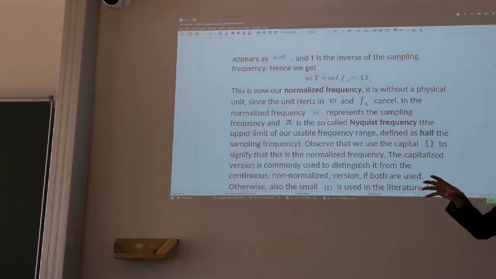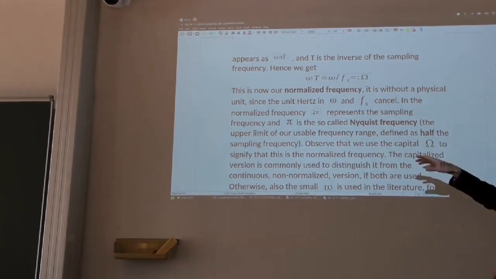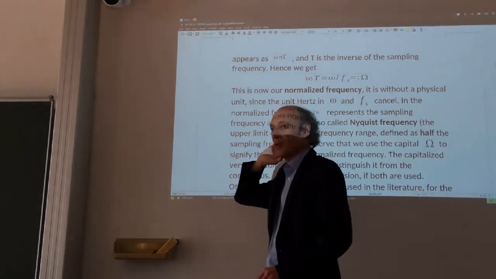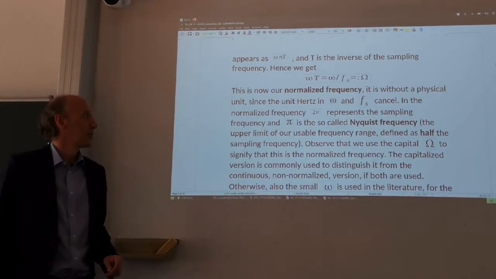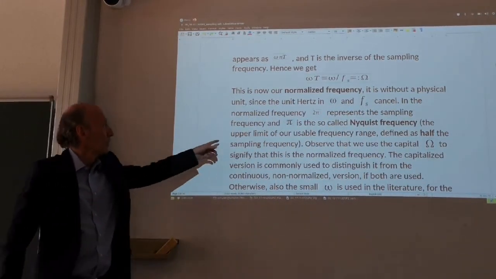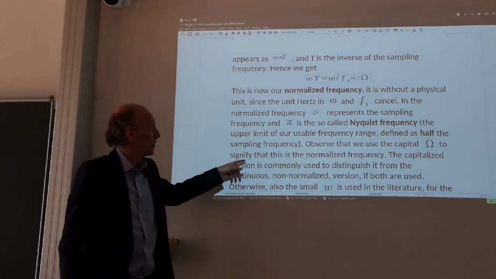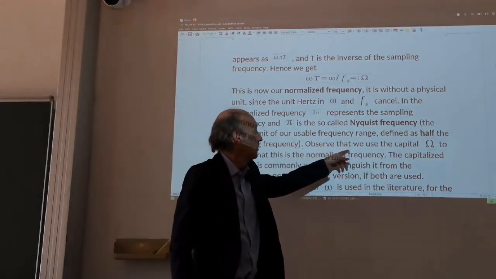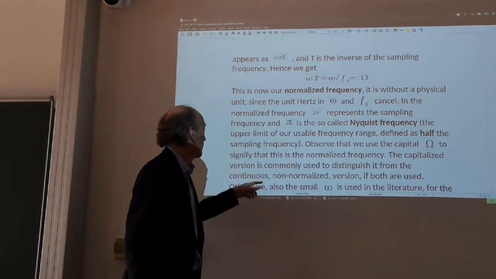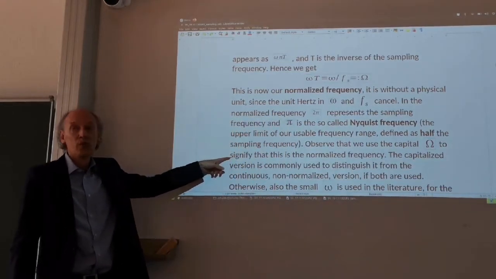Remember the Nyquist frequency? That's basically the upper limit of our useful, or usable, frequency range: half the sampling frequency.